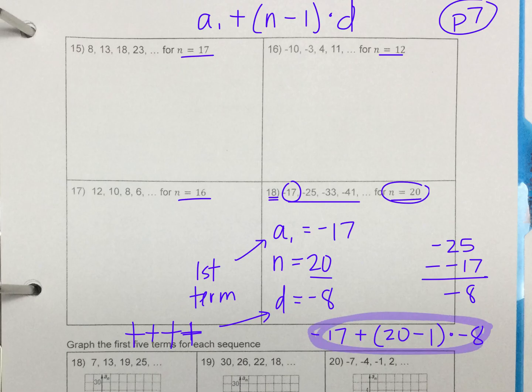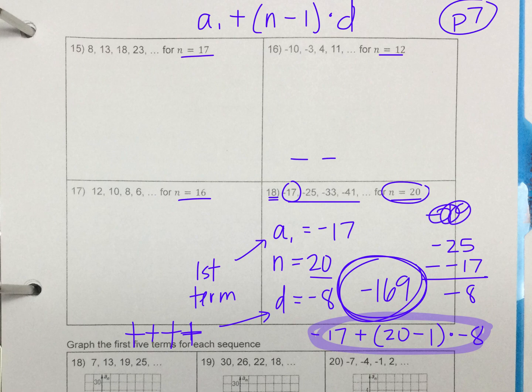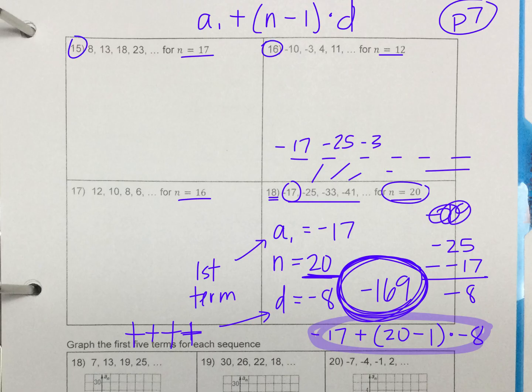Type this in your calculator, and when you do, you should get negative 169. So that means that if I drew 20 blanks with these numbers in them, the 20th blank would be negative 169. So I need you to do 15, 16, and 17 on your own using my example.